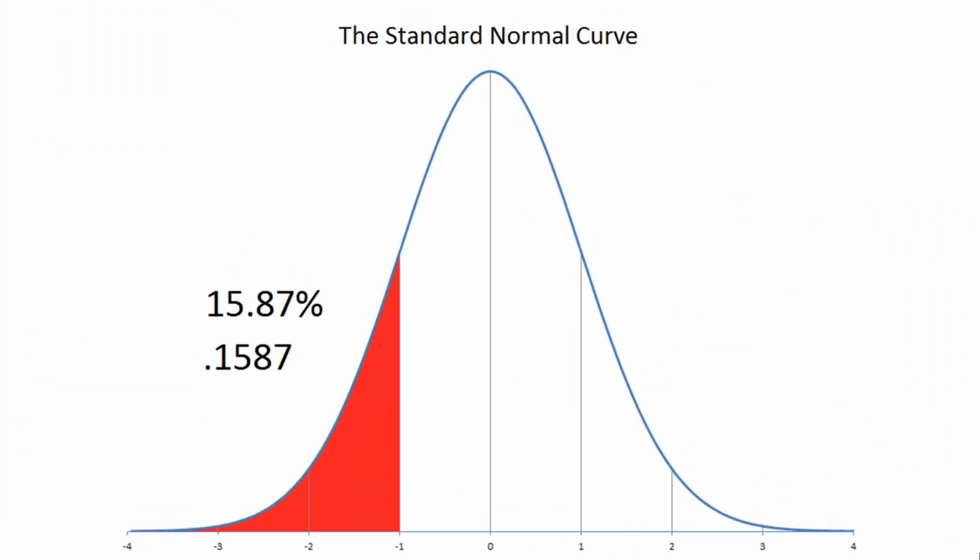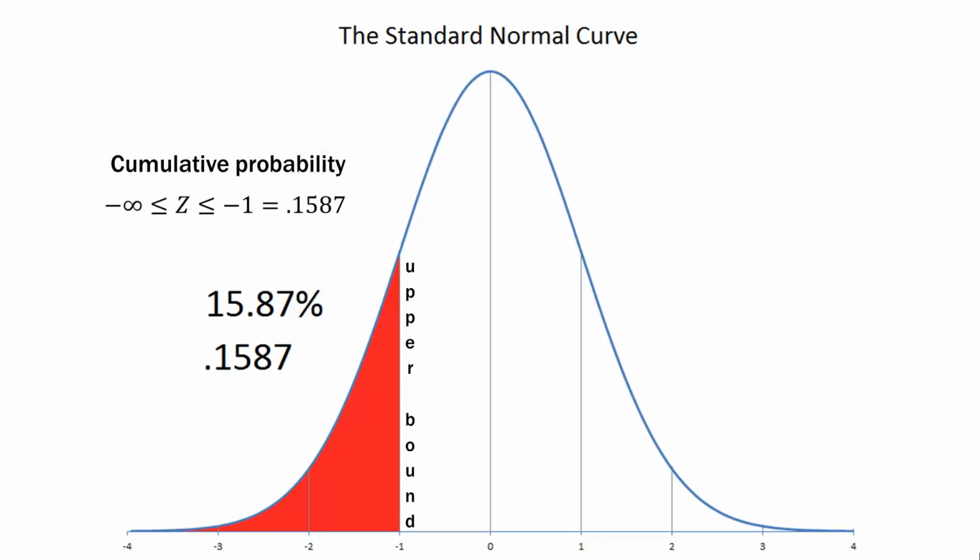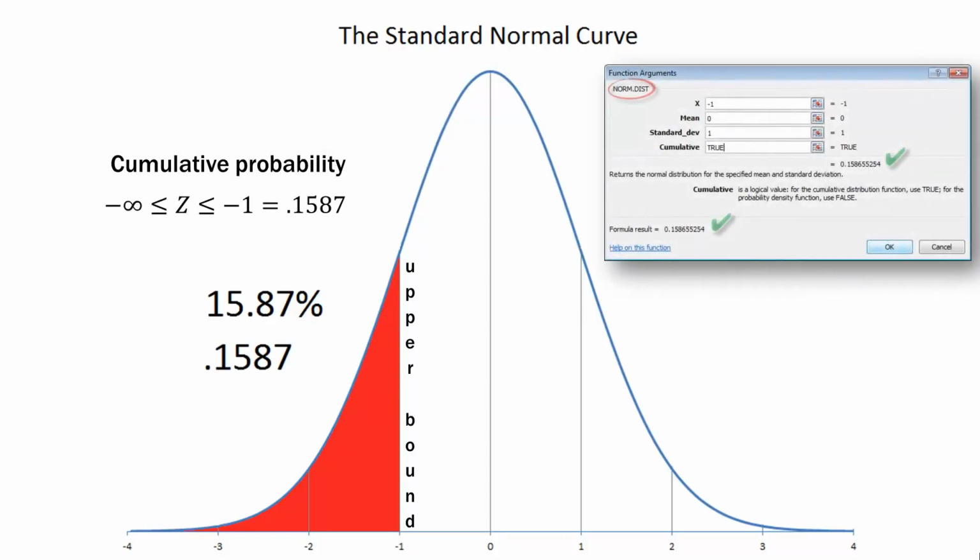So what about this cumulative probability? So our upper bound is a z of negative 1. So z is from negative infinity up to negative 1. And how do we find that? Well, we go into Excel, we use our same norm dist. This time our x is negative 1 because that's the upper bound we're interested in.